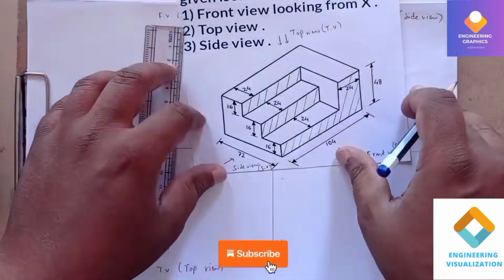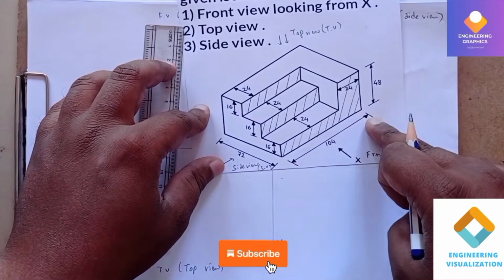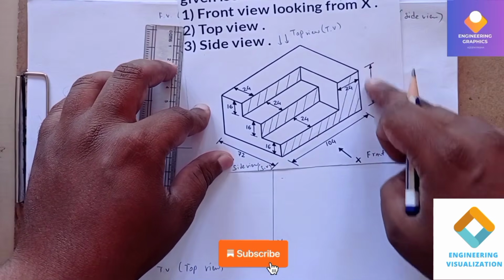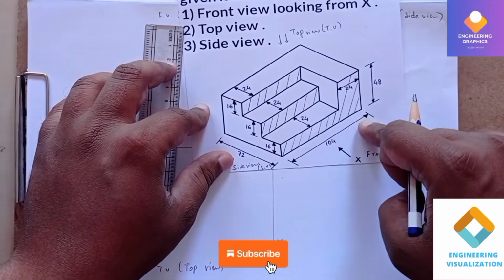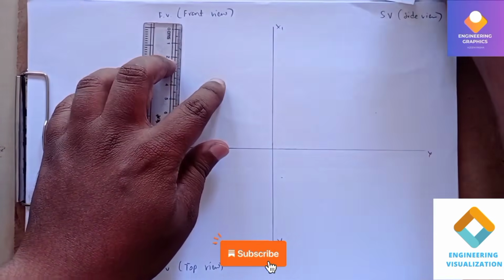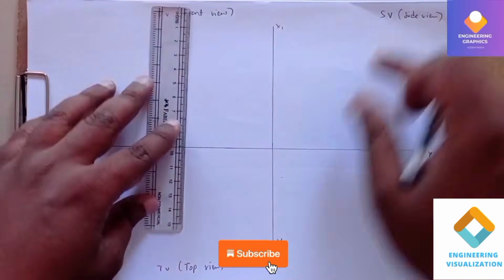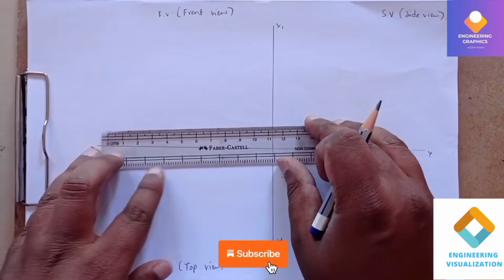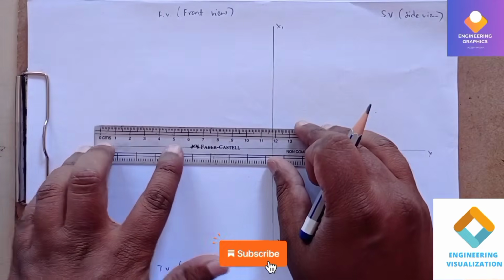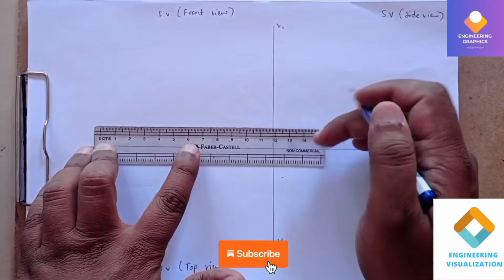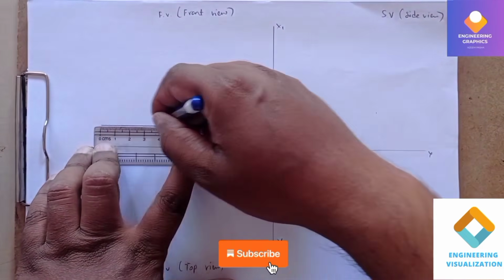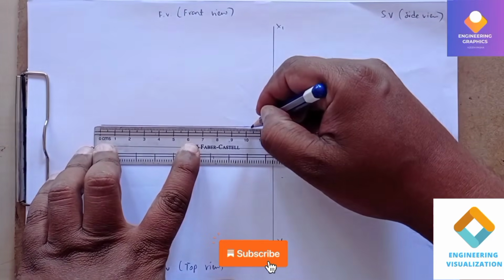We need to draw it. You can see the length is 104 mm and the height is 48 mm. That means we can construct one rectangle of 104 by 48 mm with thin lines. So I'll be drawing a horizontal line of 104 mm. You can see all these dimensions are in mm.